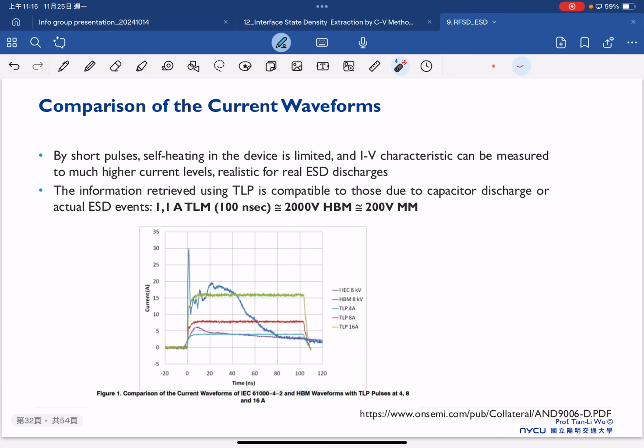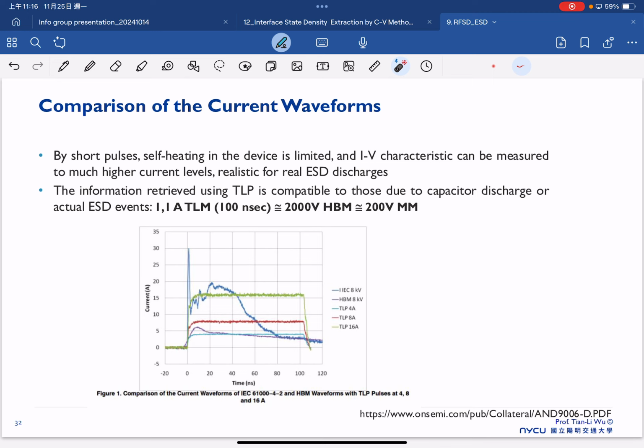Now if we compare with the current waveform here, by short pulses, self-heating in the device is limited, so we don't have to worry about self-heating effect. And the IV characteristic can be measured to much higher current level that's realistic for real ESD discharge. The information using TLP is compatible to low capacitance discharge.